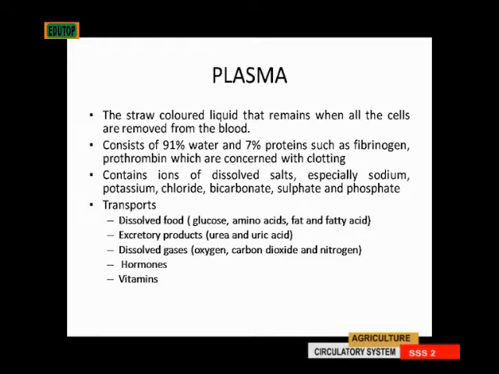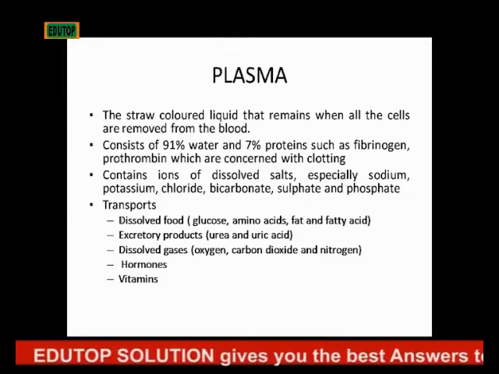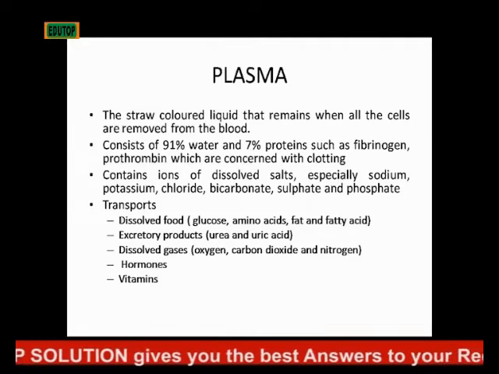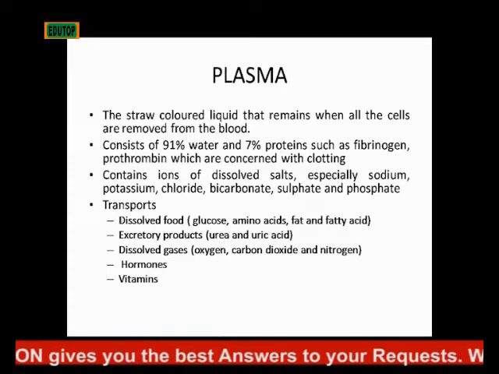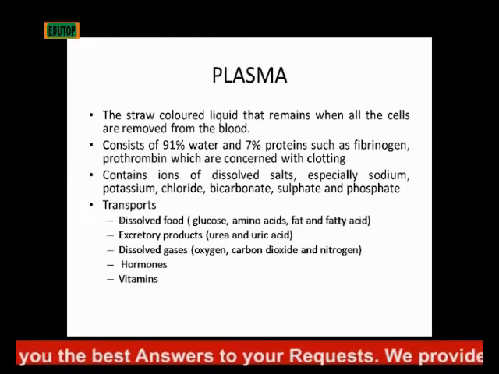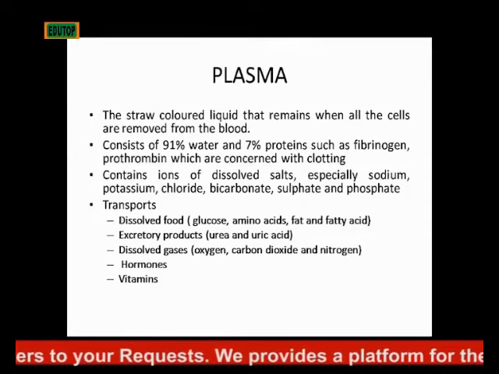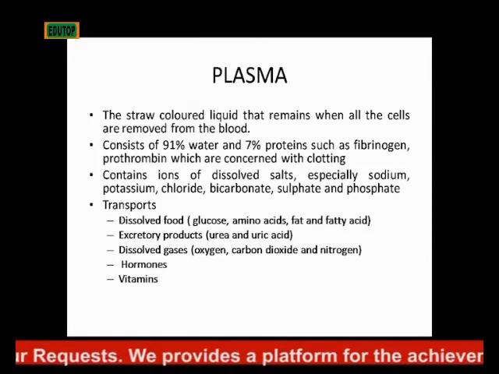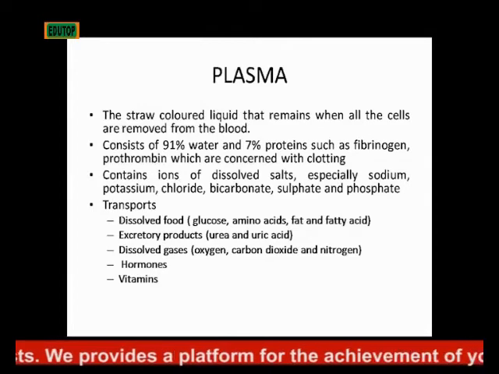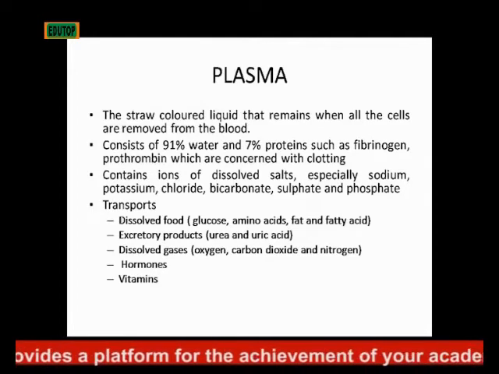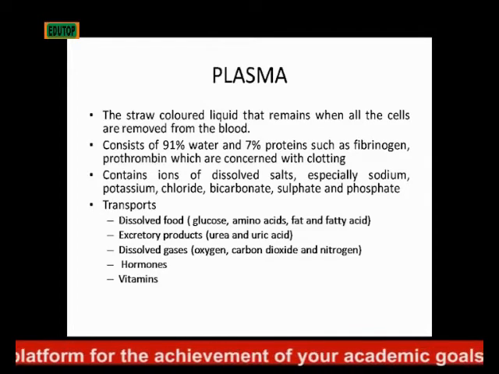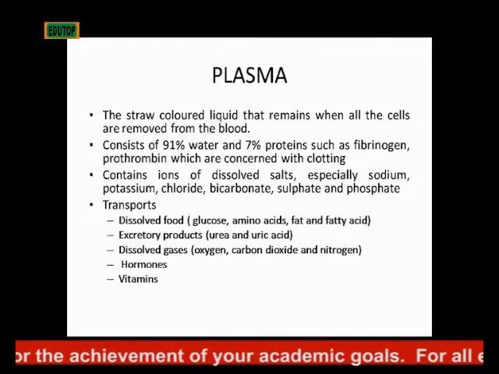The plasma transports dissolved food such as glucose, amino acids, fat, and fatty acids. Then it also transports excretory products such as urea and uric acid. The plasma also transports dissolved gases such as oxygen, carbon dioxide, and nitrogen. It transports hormones. It also transports vitamins.